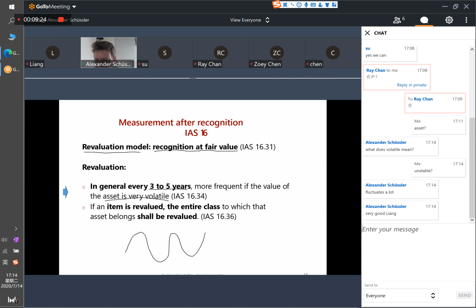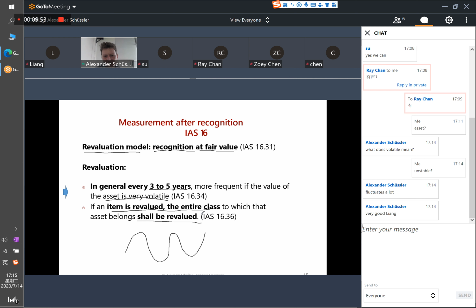So it is kind of unstable. And if one item of property, plant, and equipment is revalued, then the entire class shall be revalued. Yeah, so there is no cherry picking.